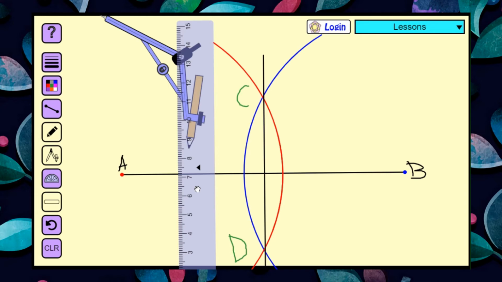So, the intersection of the two segments will be named as X.